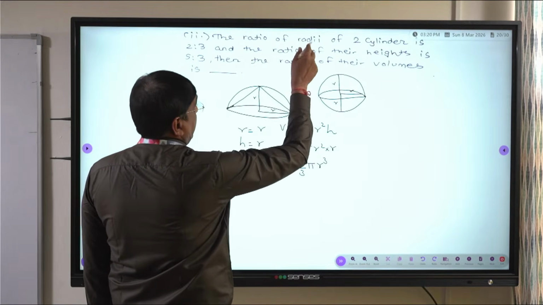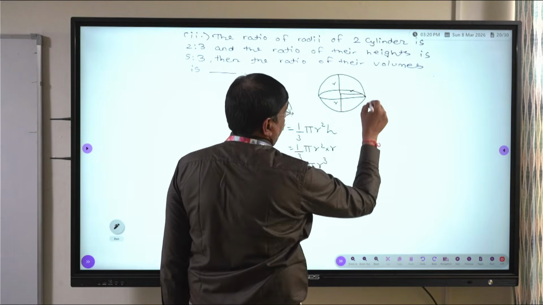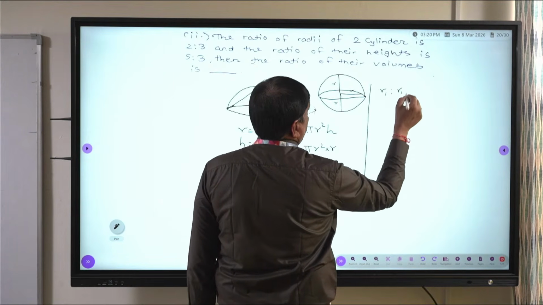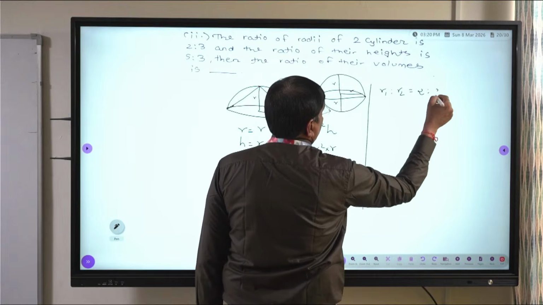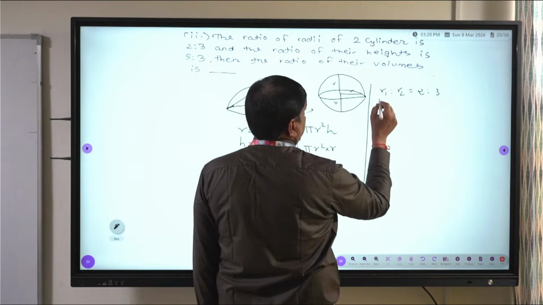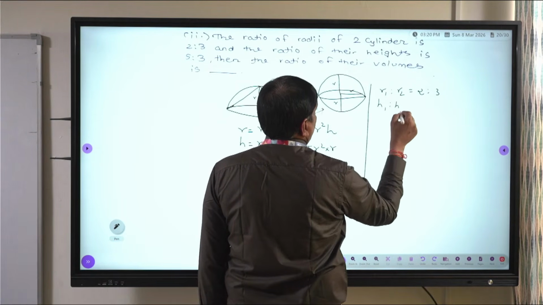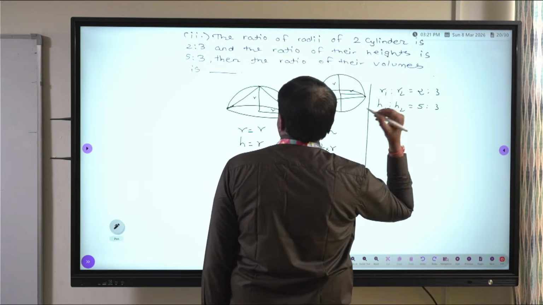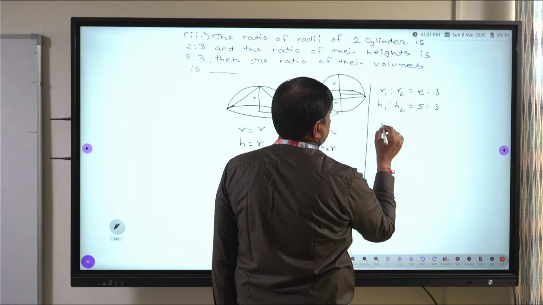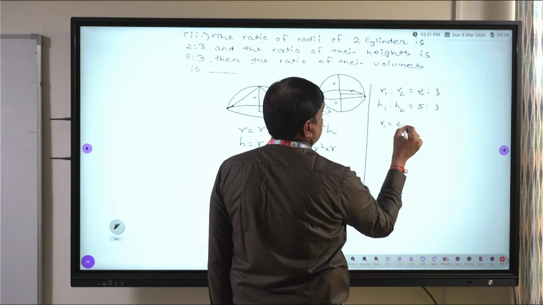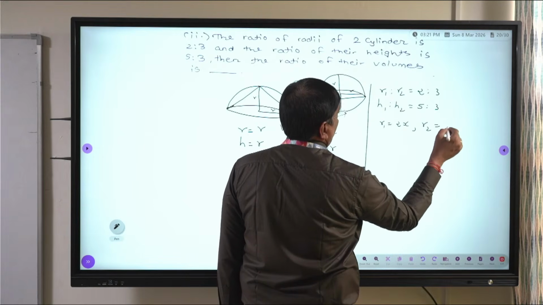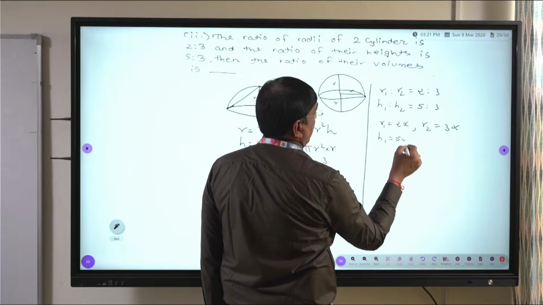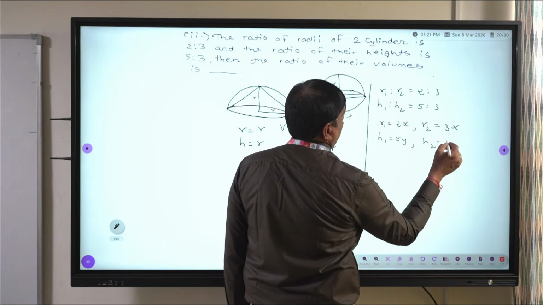First, ratio of the radii, that is r1 is to r2, given 2 is to 3. Similar height, h1 is to h2, given 5 is to 3. So we can say r1 equals 2x, r2 equals 3x, h1 equals 5y, h2 equals 3y.